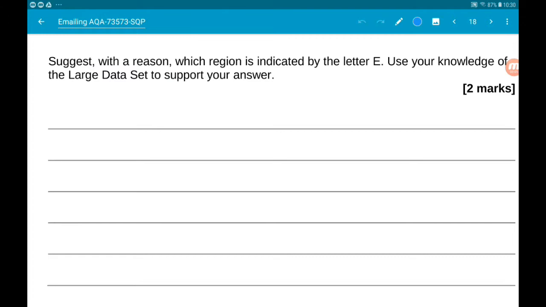Okay, then part C wants us to suggest with a reason which region is indicated by the letter E. Use your knowledge of the large data set. So, you can get a large data set from the AQA website. If I remember, I'll link it down below.